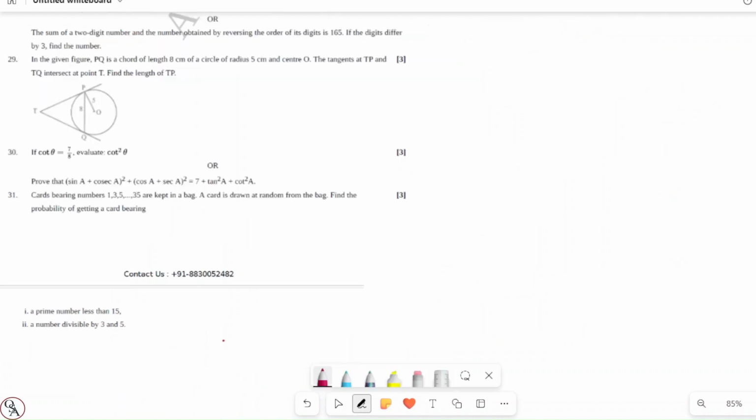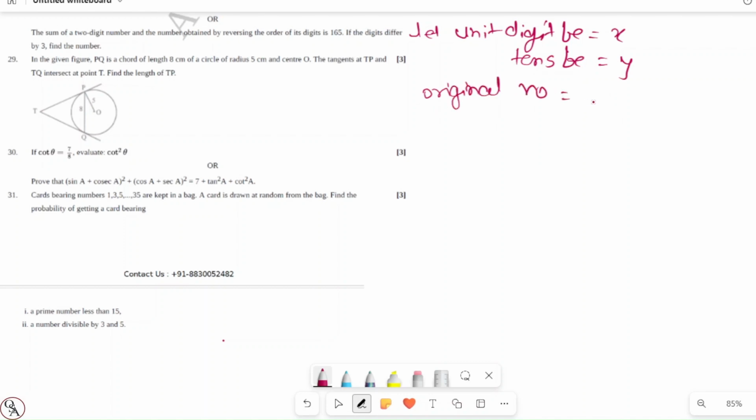Okay, so we will solve question number 28, on the sum of the two digits. First I'm going to assume the unit digit be x and the tens digit be y. So my original number will be 10y plus x.